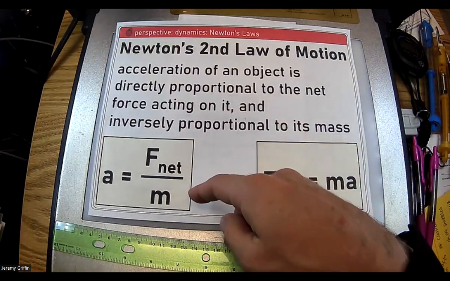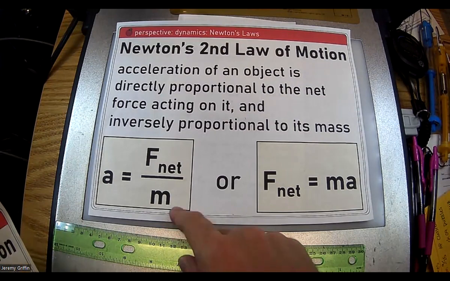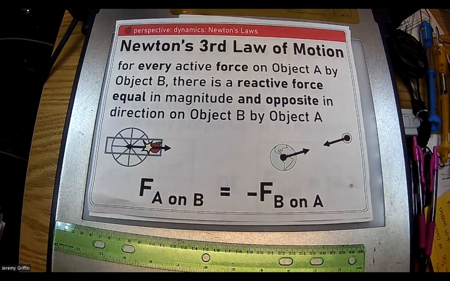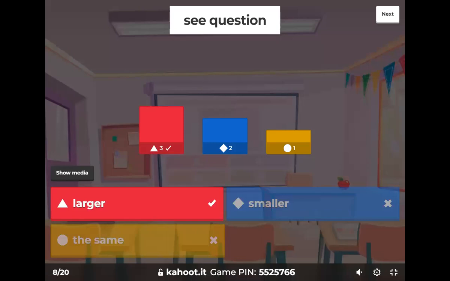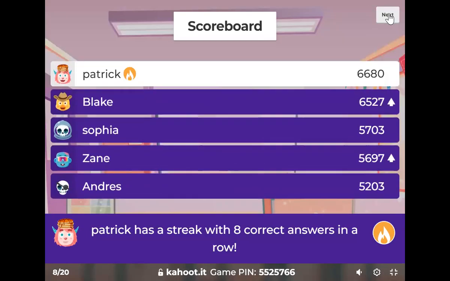Now do you think your car would maybe significantly slow down? Maybe so, right? That mass was big enough. All right, back to third law. All right, got Andre, Zane, Sophia, Blake, Patrick on fire.